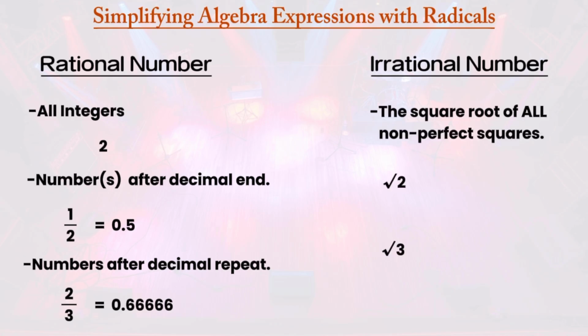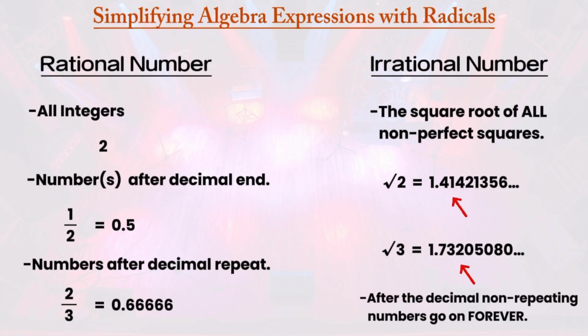All numbers that are not perfect squares are irrational numbers when square rooted. Why? Because when calculated, we get non-repeating numbers after the decimal that go on forever.